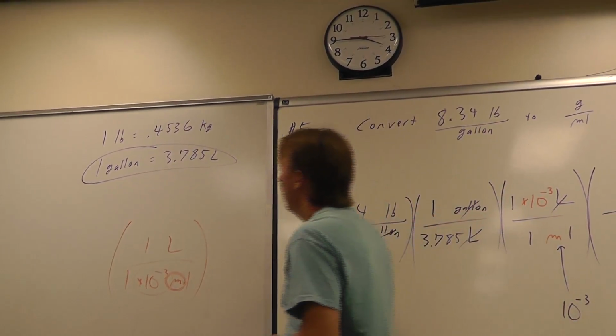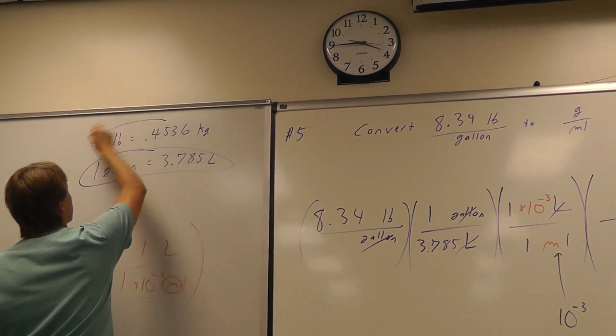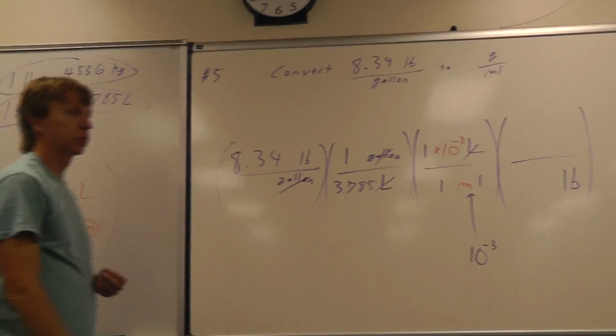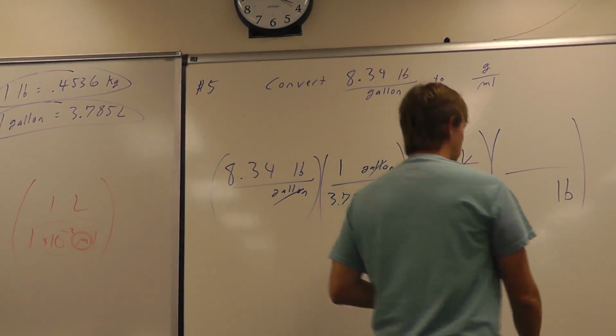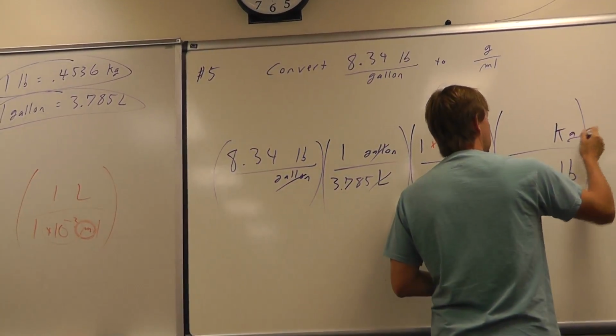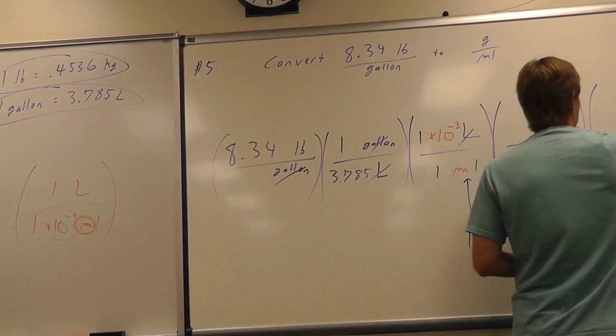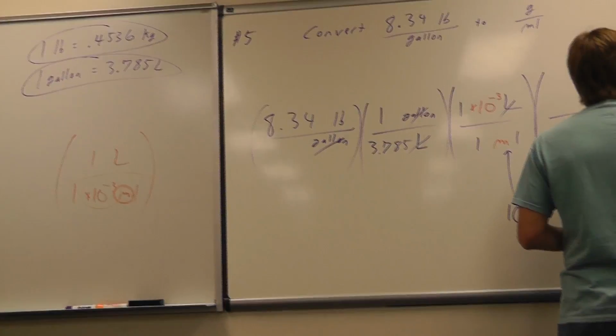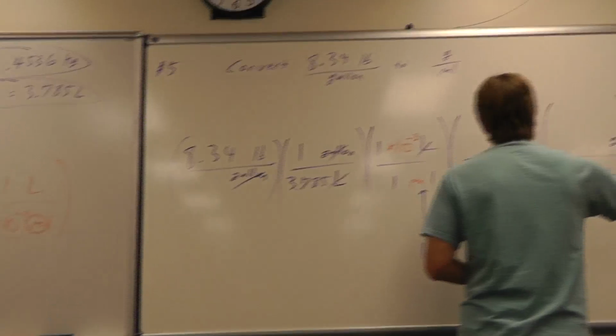And I don't have a relationship that will get me to grams, but this will get me to kilograms. So I can set this up and go from pounds to kilograms, and then separately kilograms to grams.